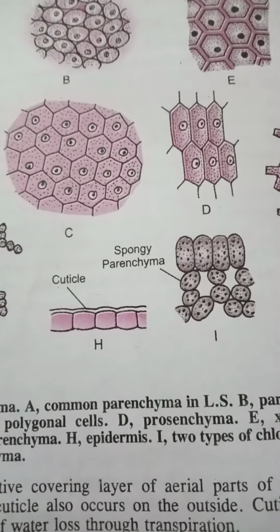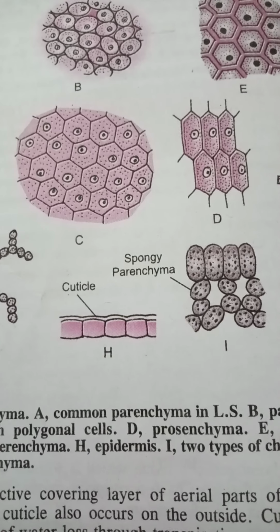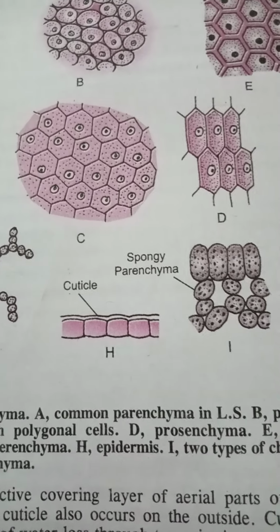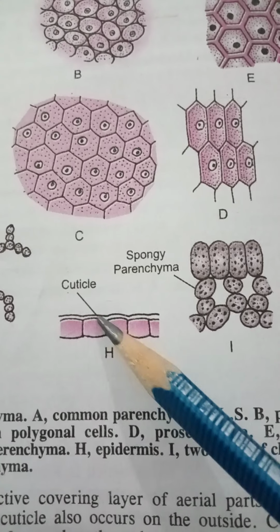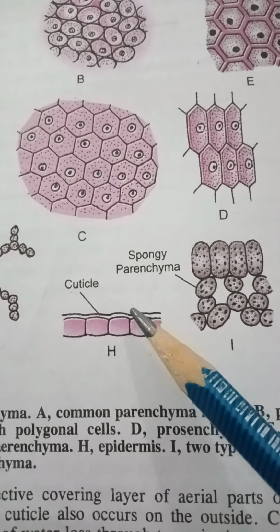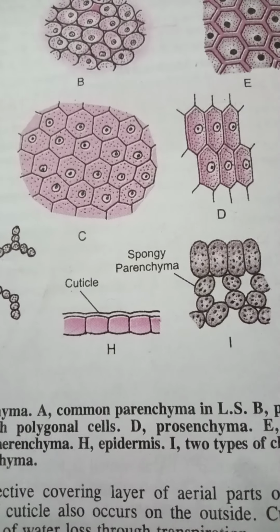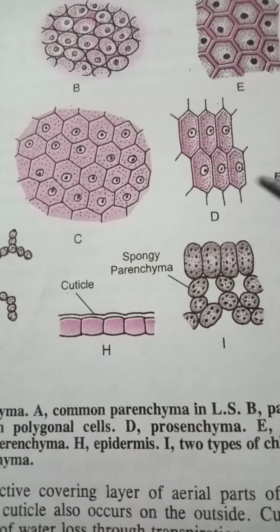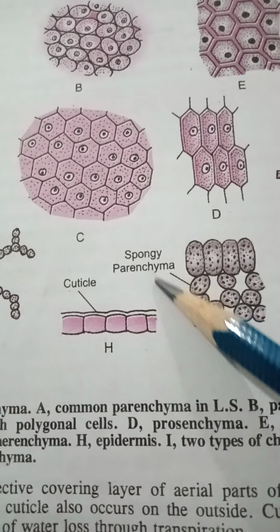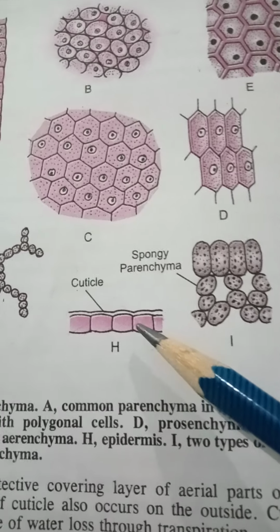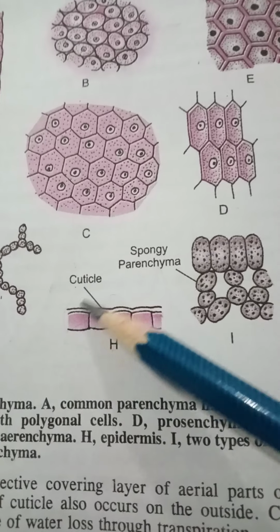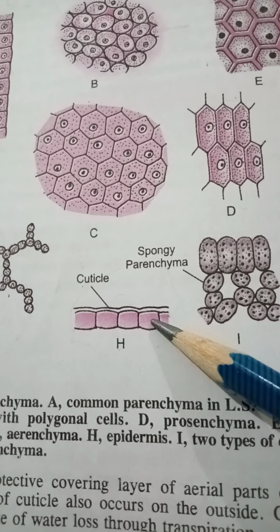Then the second modification is the epidermis. Epidermal cells form the protective covering of the parts of the plant. They consist of an outer cuticle, cutinized cells. This reduces the rate of transpiration, that is excess water loss, and thus helps to retain the water in xerophytic plants. So this is another modification.